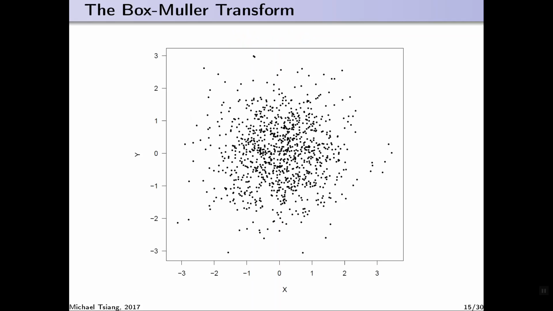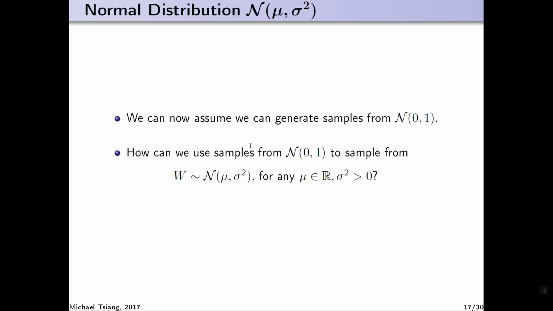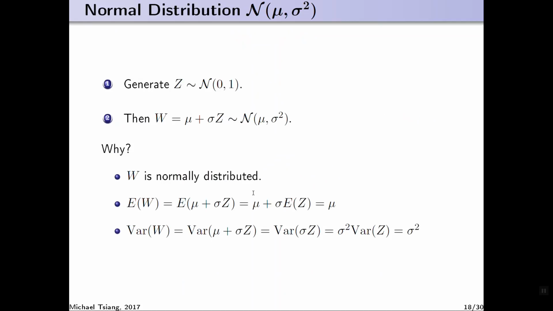We're good? Okay, so now that we can get values from the standard normal, it's relatively easy, or actually very easy, to go from the standard normal to any arbitrary normal, okay? All you have to do is multiply your random value z by sigma and add it to mu.